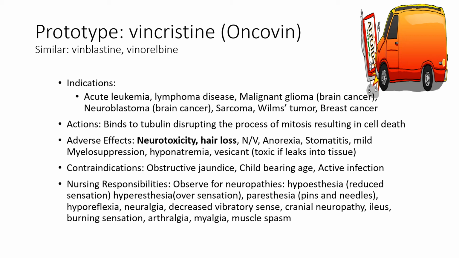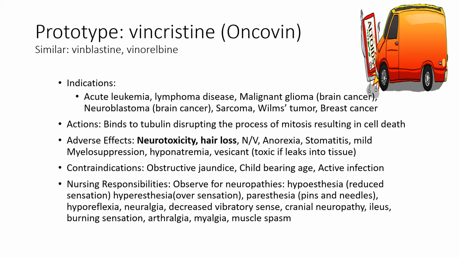The adverse effects here, the big one, neurotoxicity. Okay, that one's different than the other chemotherapy agents. There's very similar side effects like the nausea, vomiting, anorexia, stomatitis, myelosuppression, all that. And also the fact that these are definite vesicants. You do not want these to leak into the surrounding tissue from a blown IV.